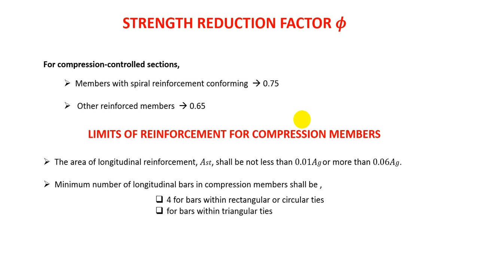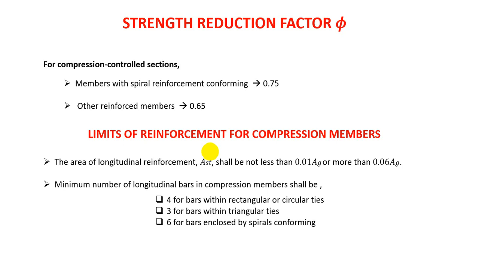Then 3 bars within triangular ties. This is the minimum number of bars. After that, 6 bars for those enclosed by a spiral.